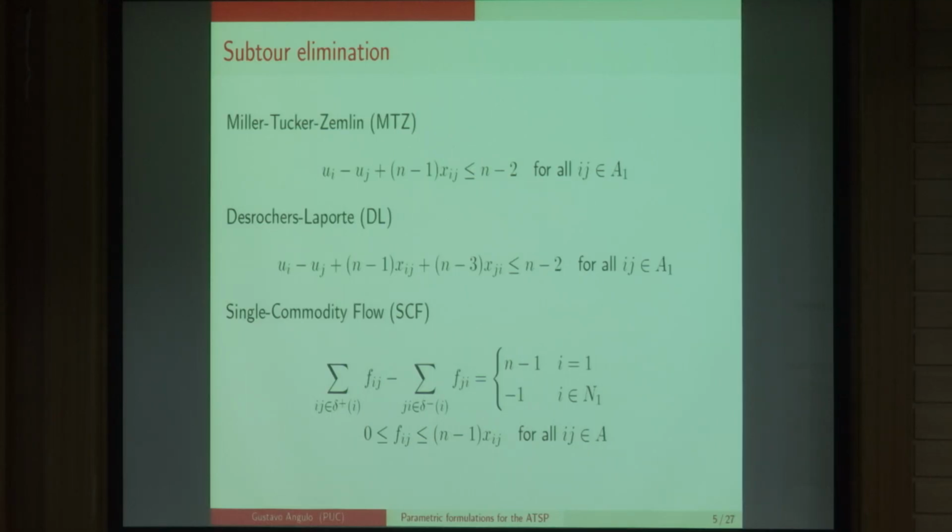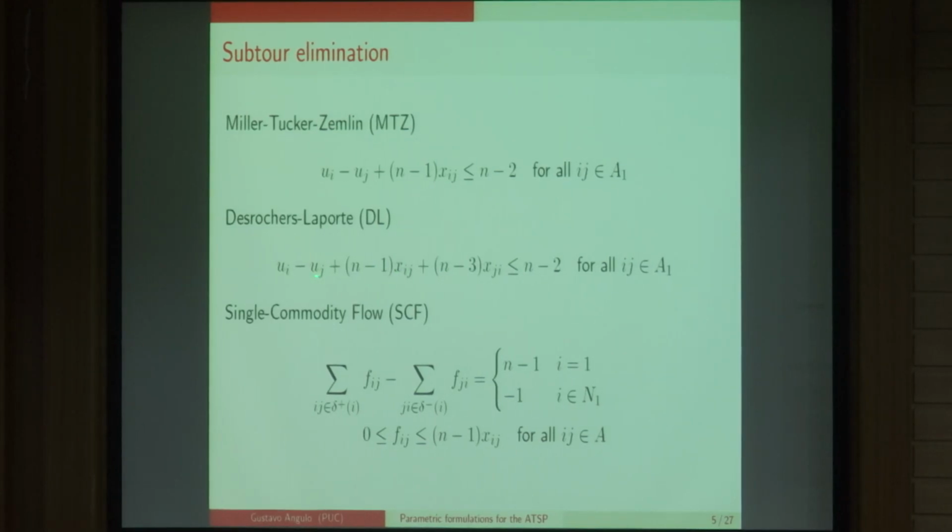Note here that in general we can understand u_i as an integer variable taking values between 2 and n, but that is not really required for the formulation to be right, okay? Then we have the Desrochers and Laporte formulation, which is a strengthening of this one, where we include this additional term, right? In this case, when we consider this constraint for ij and ji, the reverse arc, both imply that if we use arc ij, then u_j is exactly u_i plus 1. It's a bit stronger, right?